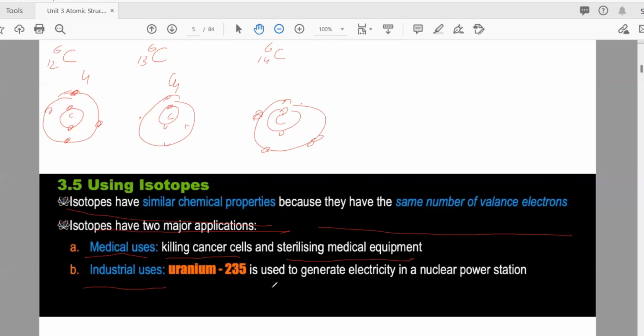Uranium 235 is used to generate electricity in a nuclear power station. So these are two uses. In the exam, if they ask what the uses of isotopes are, you can say there are two uses: medical use, killing cancer cells and sterilizing equipment; and number two, in industry, producing electricity in a nuclear power station.